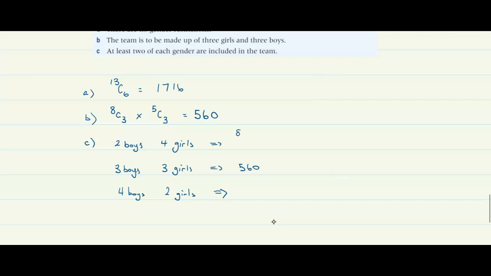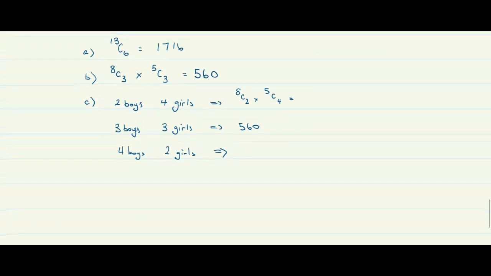So from 8, I'm going to choose 2 boys, and from 5, I'm going to choose 4 girls, and that'll be the number of combinations there. I already know 3 and 3, and for 4 boys, there will be 8C4 by 2 girls will be 5C2. So I need to calculate these, and then we're going to add them all together.